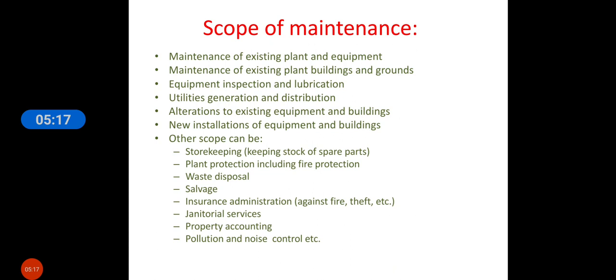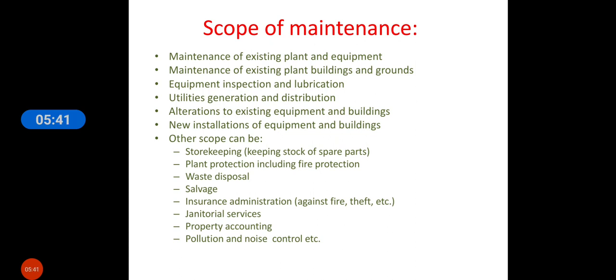Maintenance of existing plant and equipment. It also covers the maintenance of existing plant or buildings and grounds, equipment inspection and their lubrication, utility generation and distribution, alteration to the existing equipment and buildings. It also covers new installation of your equipment and buildings.